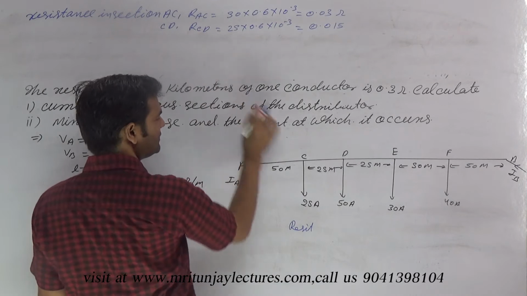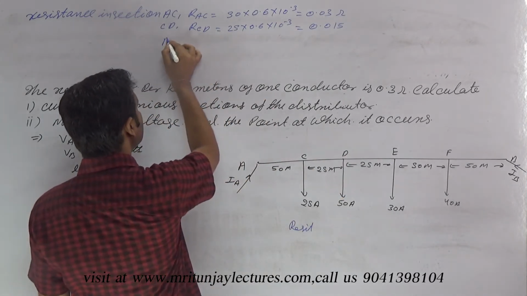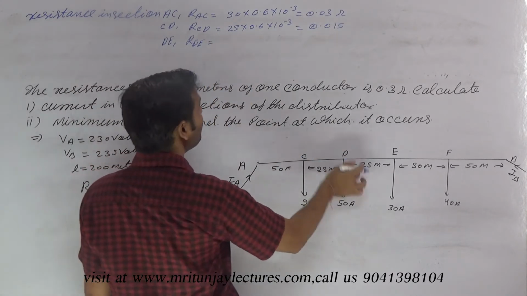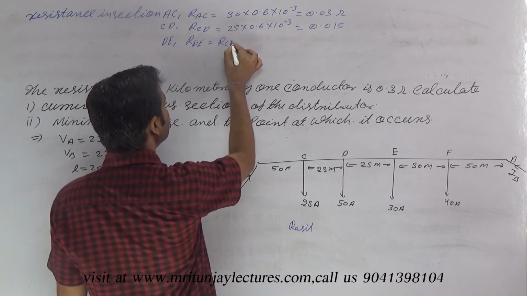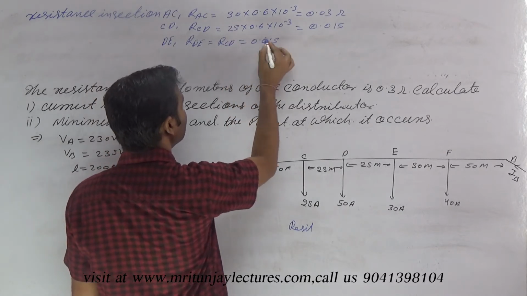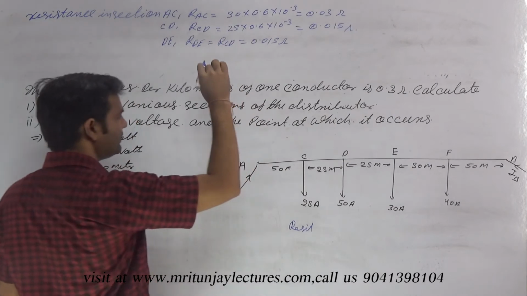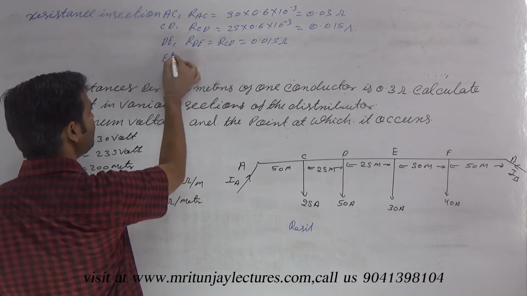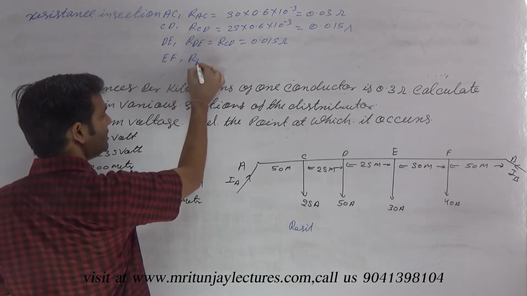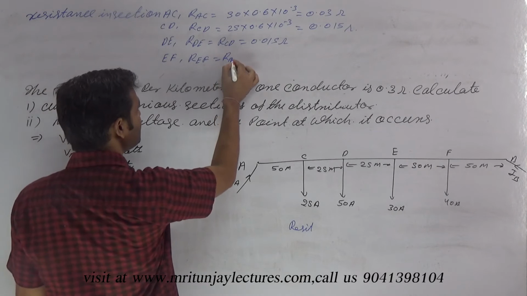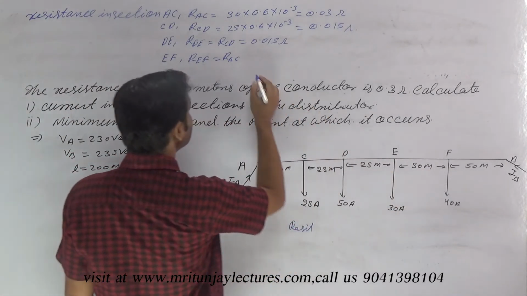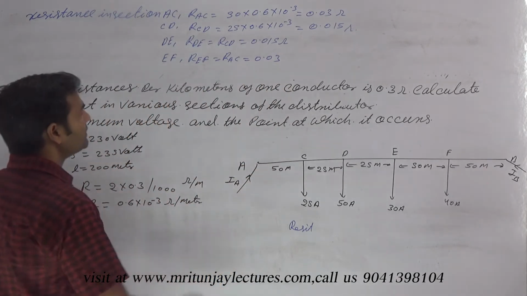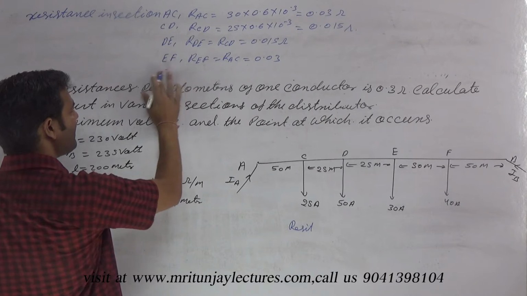Again, R of DE is 25 into the same, so it is 0.015 ohm, because both lengths are the same. R of EF is the same as R of AC, because the lengths are the same, so it is 0.03 ohm.